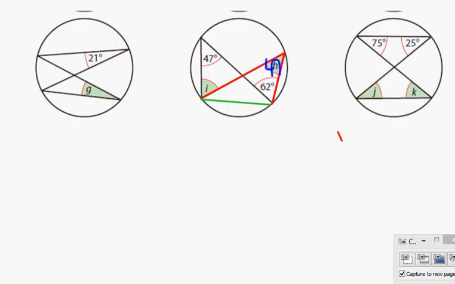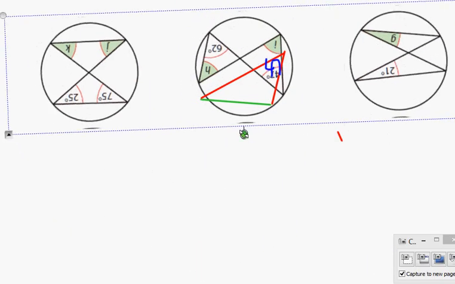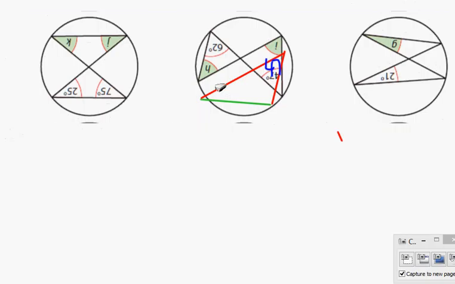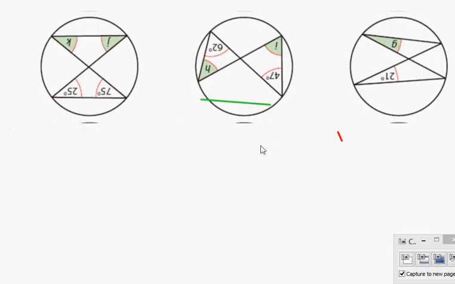Now, turn the whole thing upside down. Now, what happens now? What can you tell me about this now? What can you tell me about I and 62? They're also the same as well, aren't they? So I is 62.